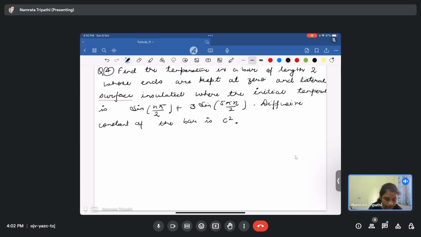How to model the problem? u_t minus c squared u_xx equals 0, where 0 less than x less than 2 and t greater than 0. What will be the boundary condition? u(0,t) equals 0 and u(2,t) equals 0 for all t greater than 0. What will be the initial condition? u(x,0) equals sin pi x by 2 plus 3 sin 5 pi x by 2.